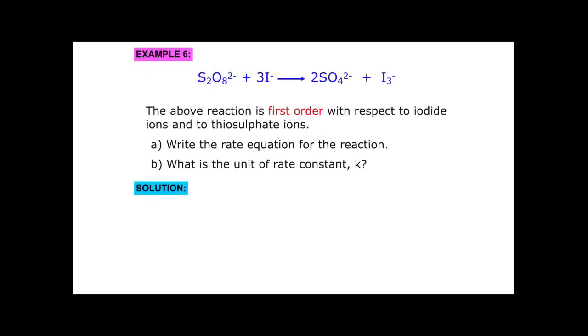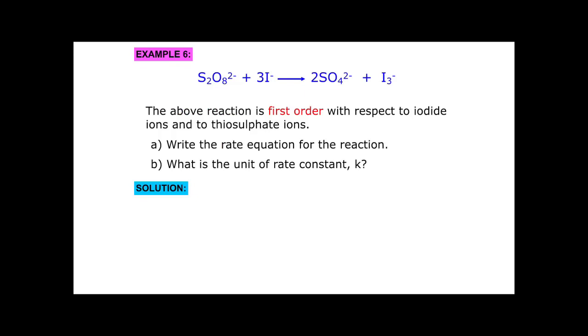For example, the above reaction is first order with respect to iodide ions and to thiosulfate ions. A. Write the rate equation for the reaction, and B. What is the unit of rate constant K?